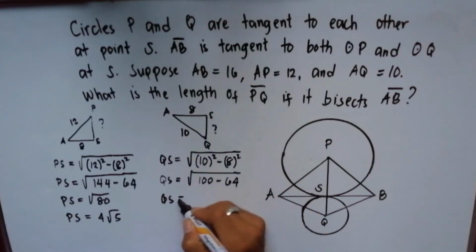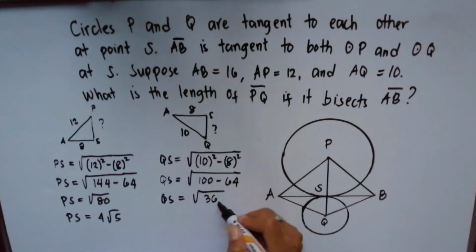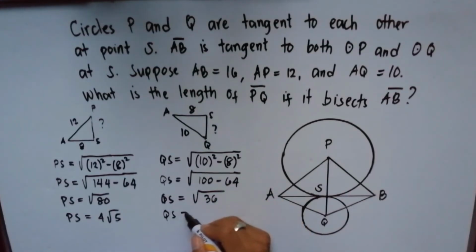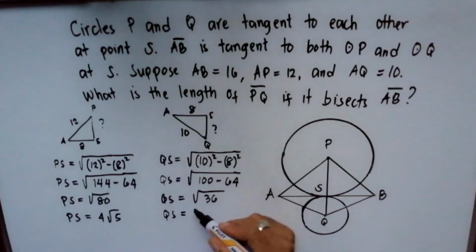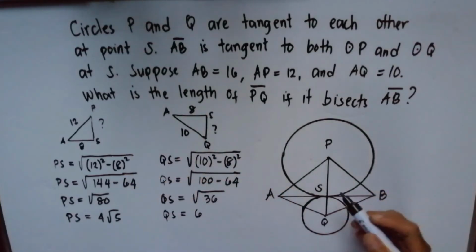The QS is equal to the square root of 36.